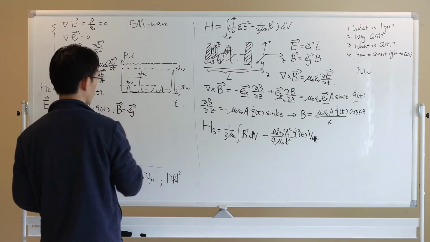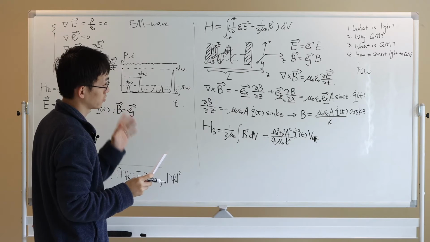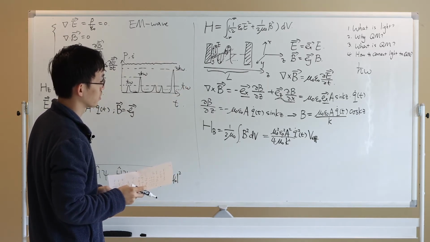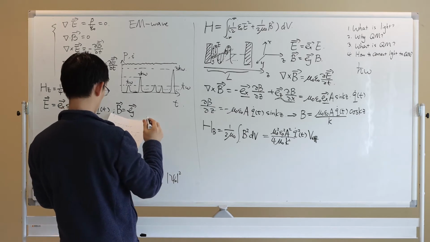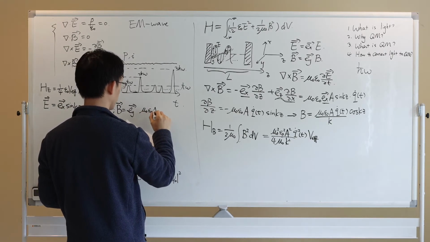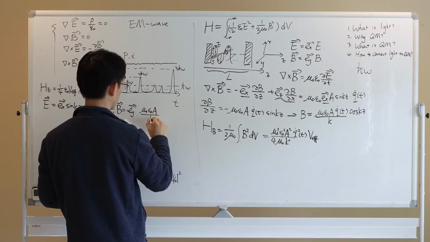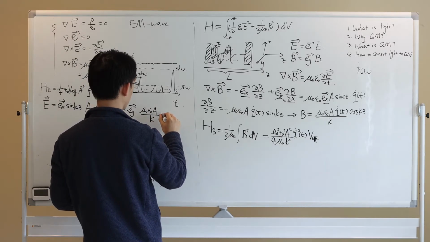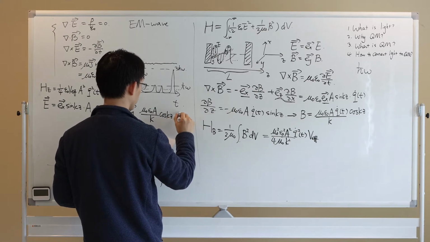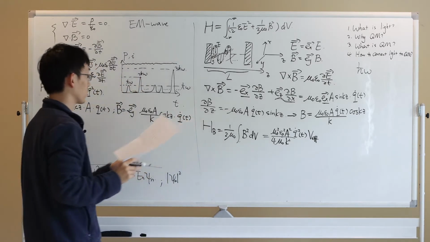E_y, that's its polarization, the direction of the wave, and then mu naught epsilon naught a k cosine(kz - ωt), right?